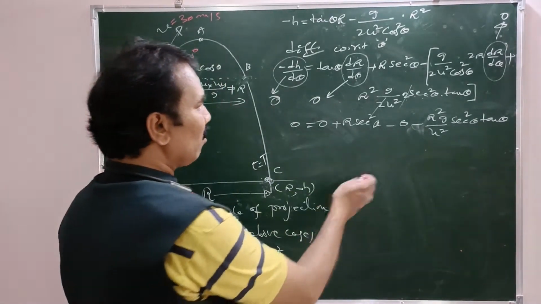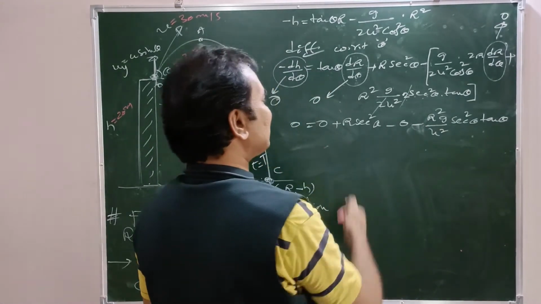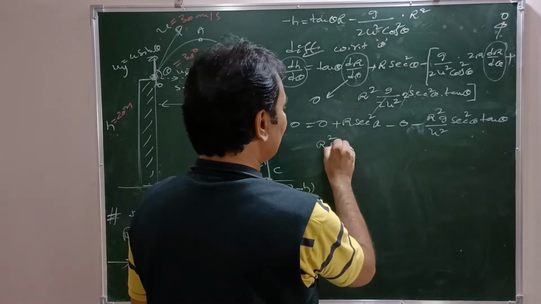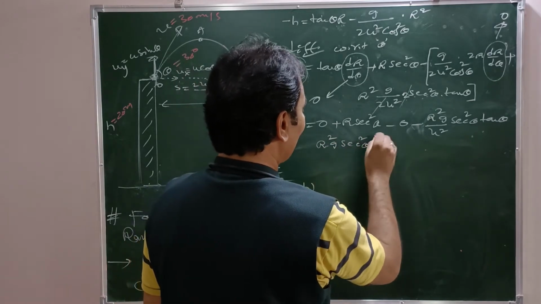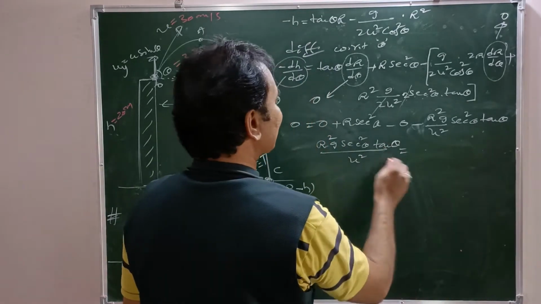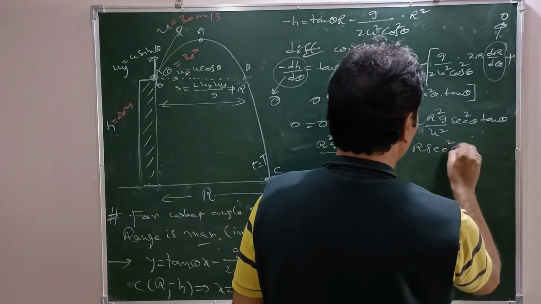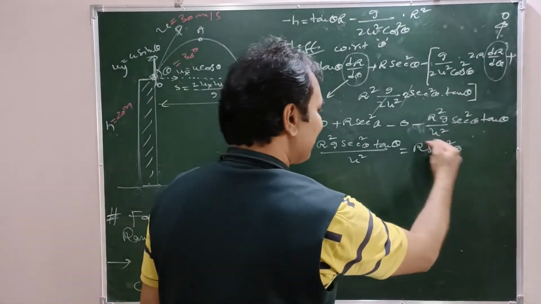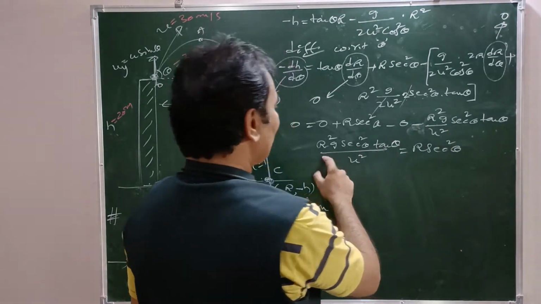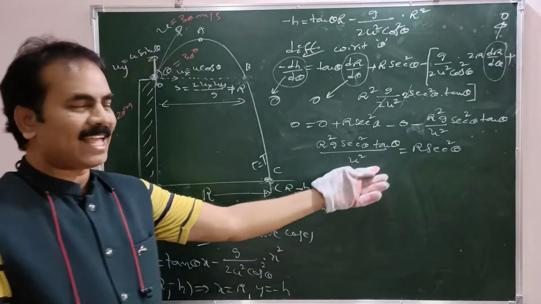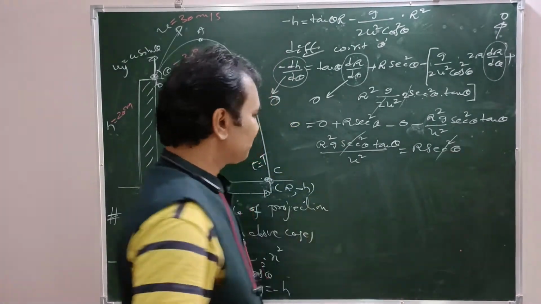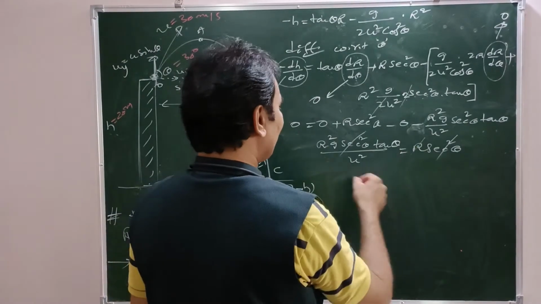Now take this term on the LHS, the negative becomes positive, that is r square g secant square theta tan theta by u square equal to r secant square theta. Now secant square theta cancels, one r also cancels.